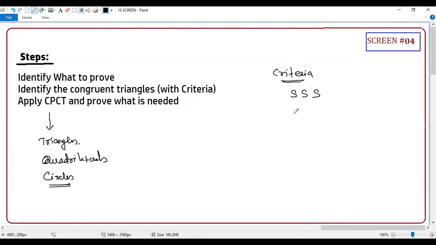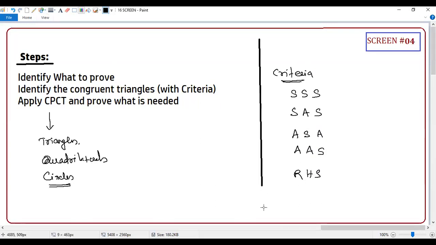ASA, RHS. Right? If you understand this mantra, this rule in your life, every problem is going to be easy, my dear. But the objective must be clear. What to prove? Which triangles?